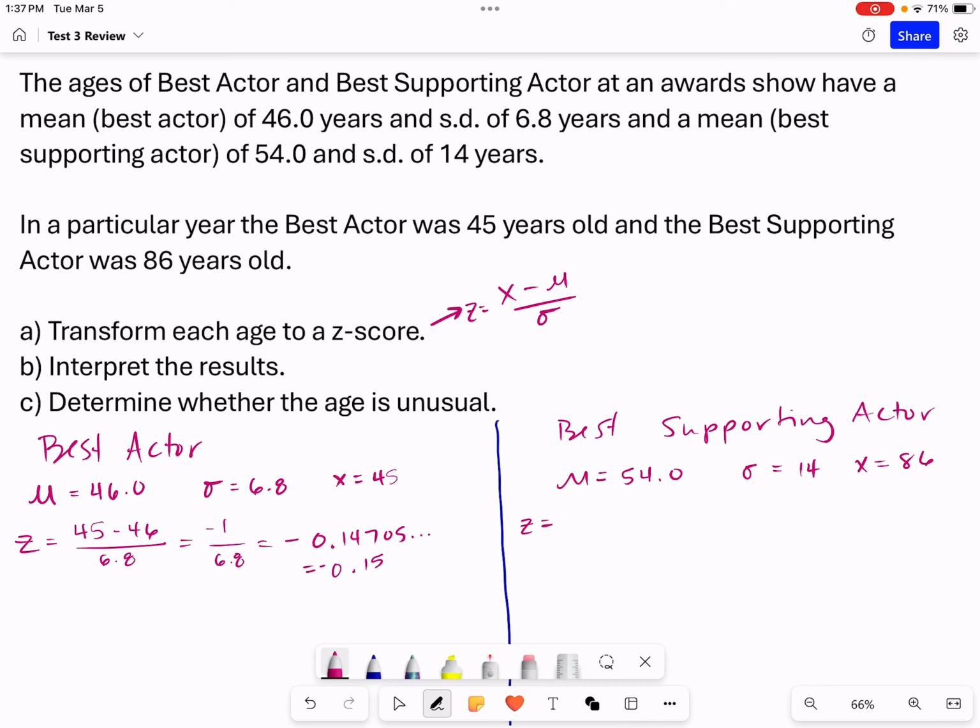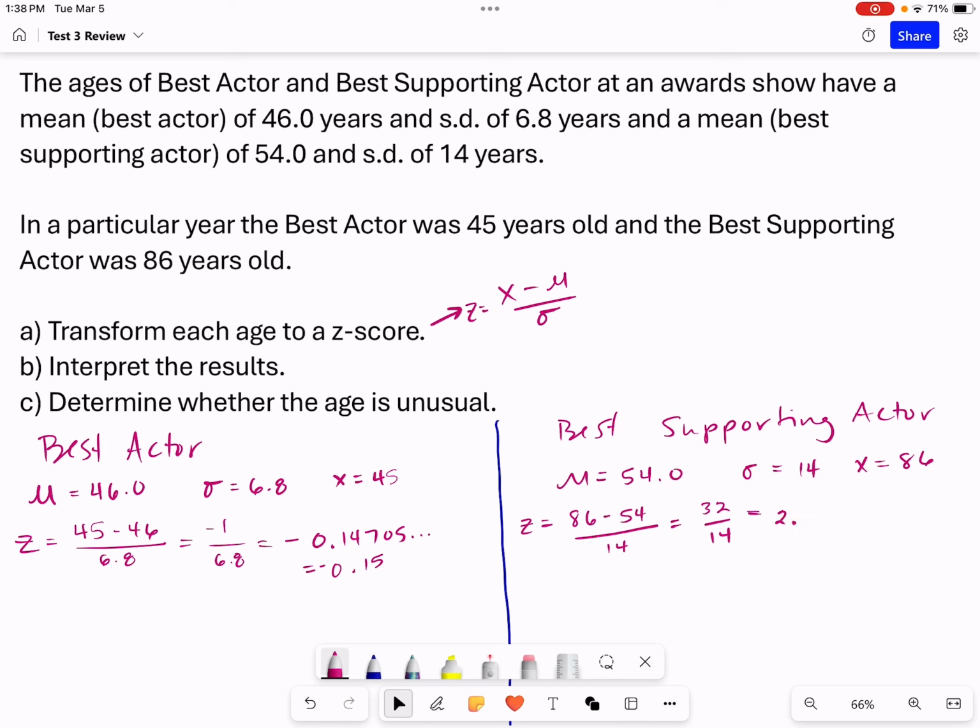Our z-score for our Best Supporting Actor, on the other hand, would be 86 minus 54 divided by 14. And so that would be 32 divided by 14. And so when I do that division, this one will remain positive.